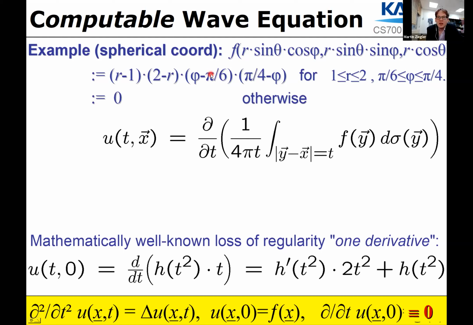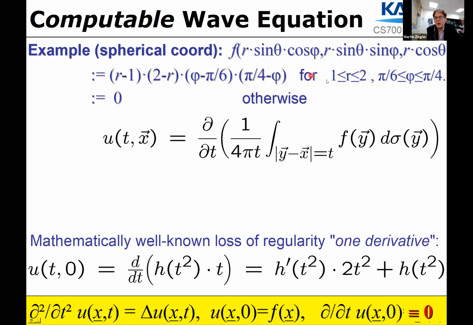And outside of this region in space, whenever the radius is outside 1 and 2, whenever the angle is outside pi over 6, pi over 4, we define our initial condition to be 0. Observe that this is a continuous initial condition, namely outside of this region or at the boundary of this region.